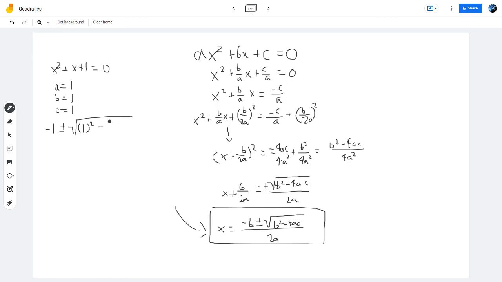Minus 4 times 1 times 1, all over 2 times a, so 2 times 1. So this is going to equal negative 1 plus or minus the square root of 1 minus 4 over 2.